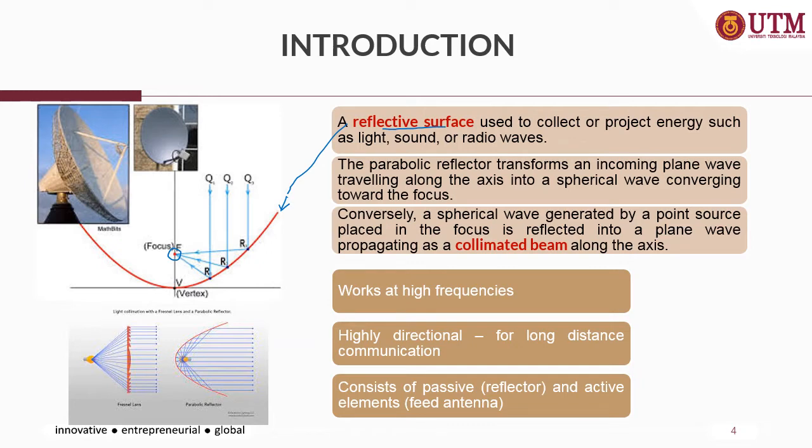And the parabolic reflector transforms all incoming waves along the axis into spherical waves converging towards the focus. So the waves from the feeder will be traveling in spherical motion.